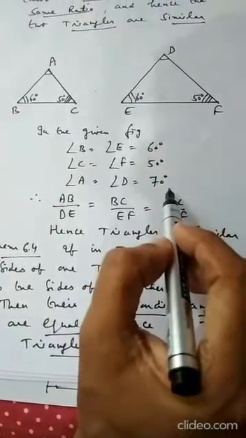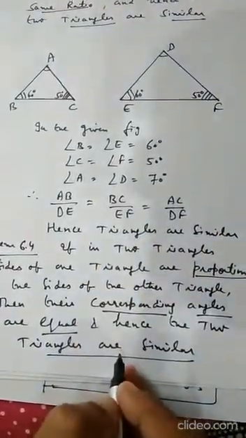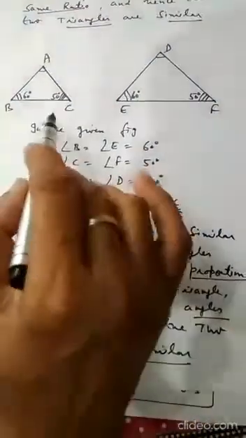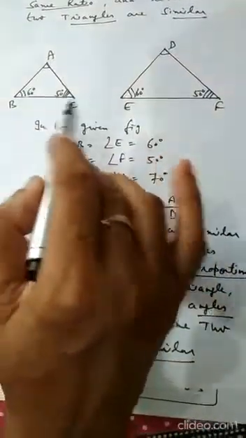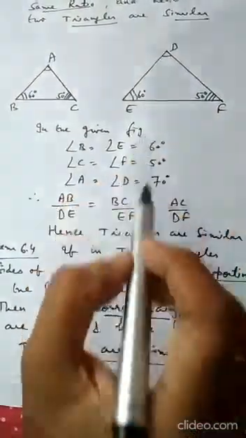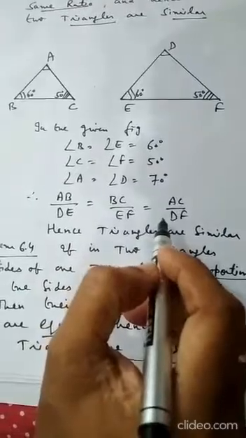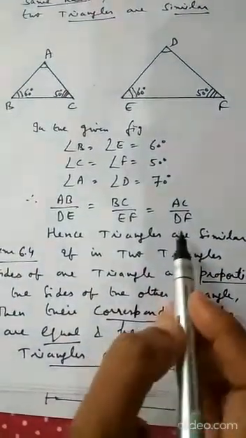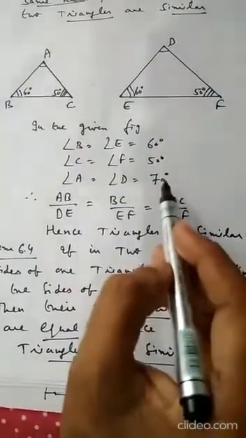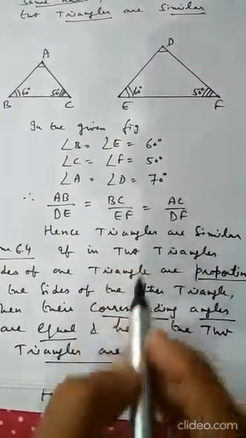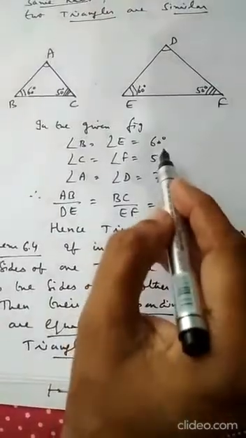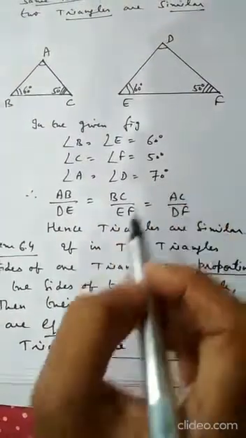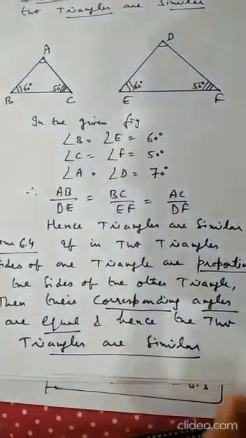Definitely they will be equal and hence the triangles are similar. So in case of two triangles, if all three angles are equal, corresponding sides will be in the same ratio and triangles are similar. Conversely, if the ratio of corresponding sides is equal, then angles will be equal and triangles are similar. The first one is known as AAA and the second one is known as SSS.